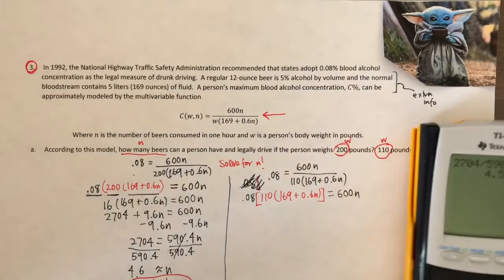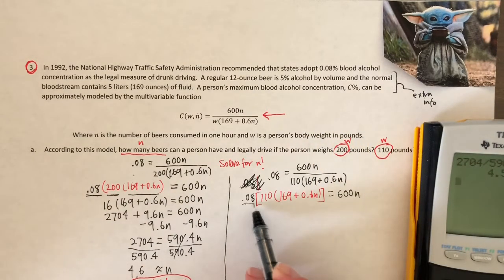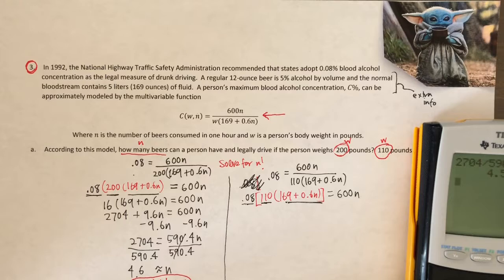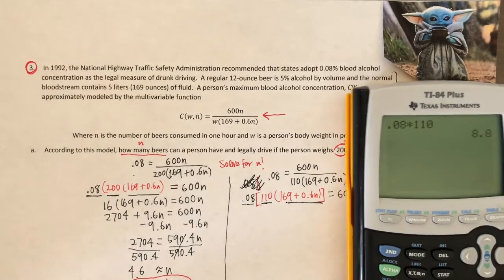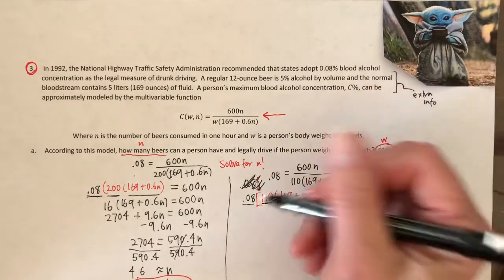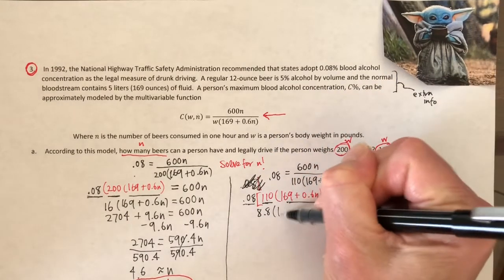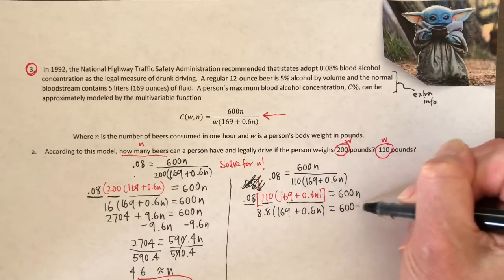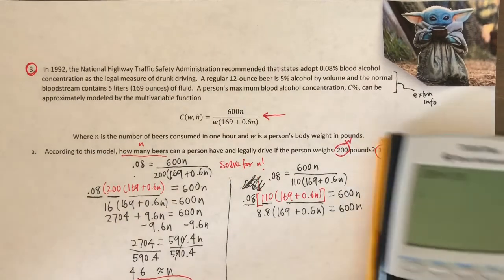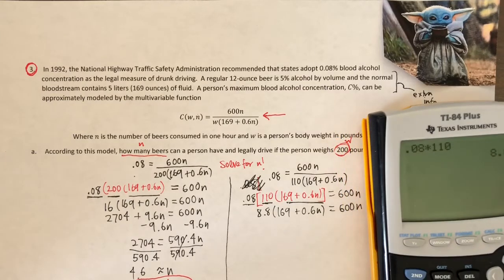Multiplying this through, we have these three expressions being multiplied together, so I'll find out what 0.08 times 110 is, and it's 8.8. 8.8 times 169 plus 0.6 N. Now I'll distribute the 8.8 through. 8.8 times 169 will be that number, and at the same time I'll do 8.8 times 0.6.